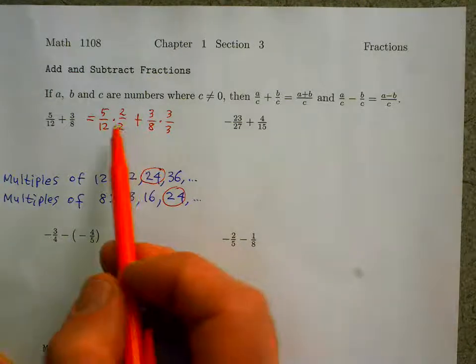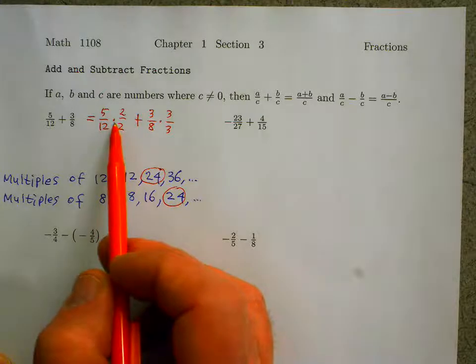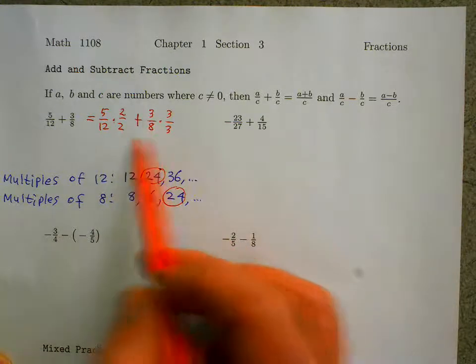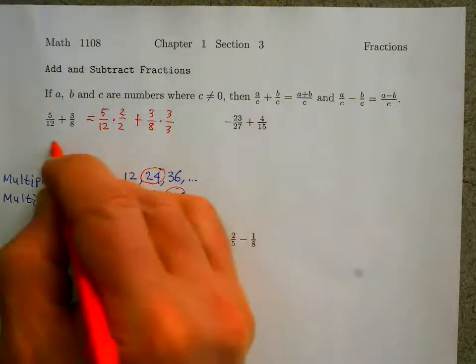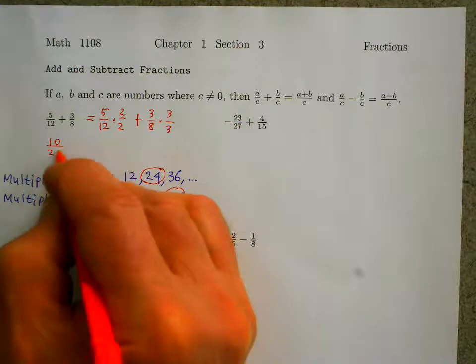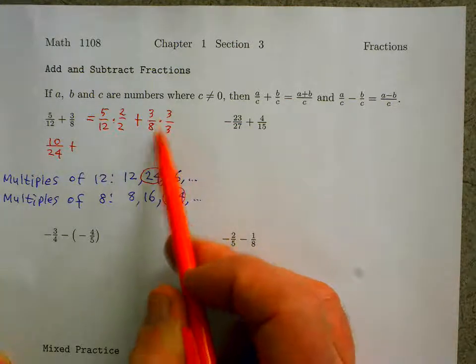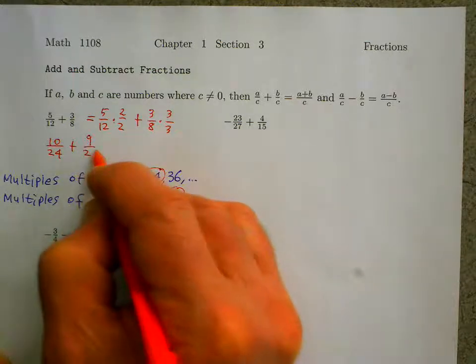then in the next step, we'll multiply the first two fractions, multiply the other two fractions, and afterwards we'll add them. So 5 over 12 times 2 over 2 is 10 over 24. And we're going to add that to 3 over 8 times 3 over 3, which is 9 over 24.